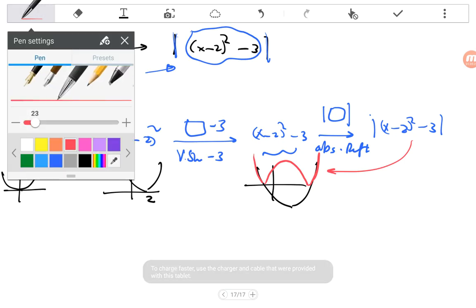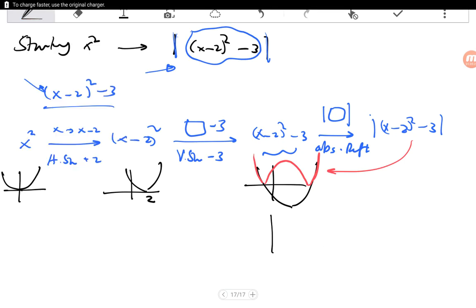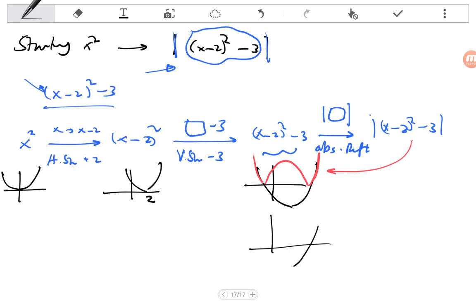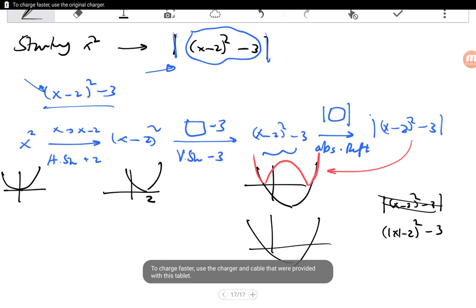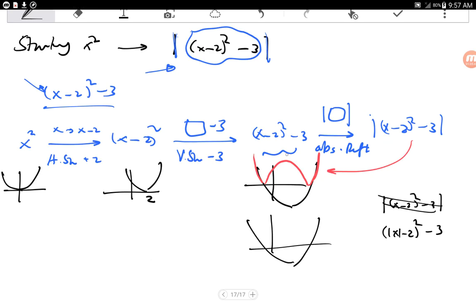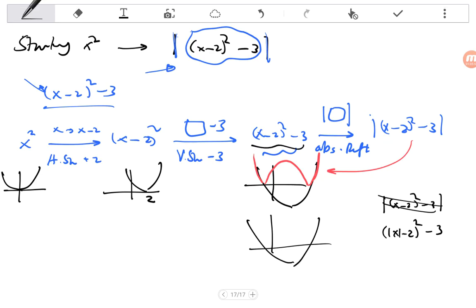What if, instead of absolute of x minus 2 whole squared minus 3, I just needed to graph absolute x minus 2 whole squared minus 3? In this case, starting from this one to this one, by which transformation?